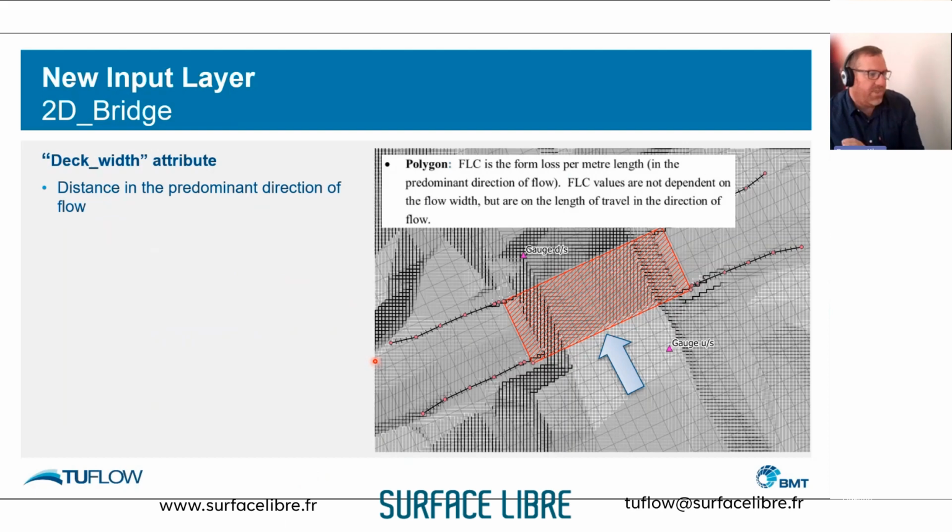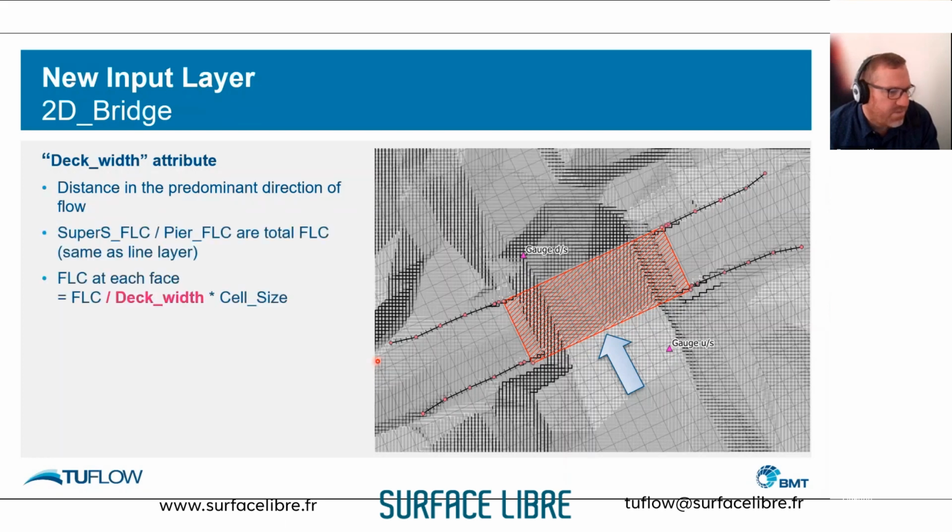The deck width attribute is the distance in the predominant direction of flow. So essentially what we're doing is we're calculating the form loss coefficients and the energy losses not on a cell basis, but on a cell face basis. So it's applied to the cell faces itself. And then the form loss coefficients at each face are calculated based on the deck width.